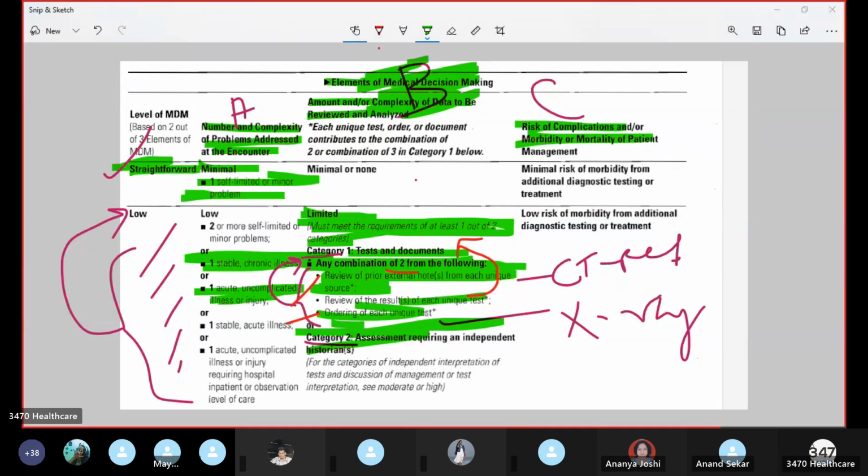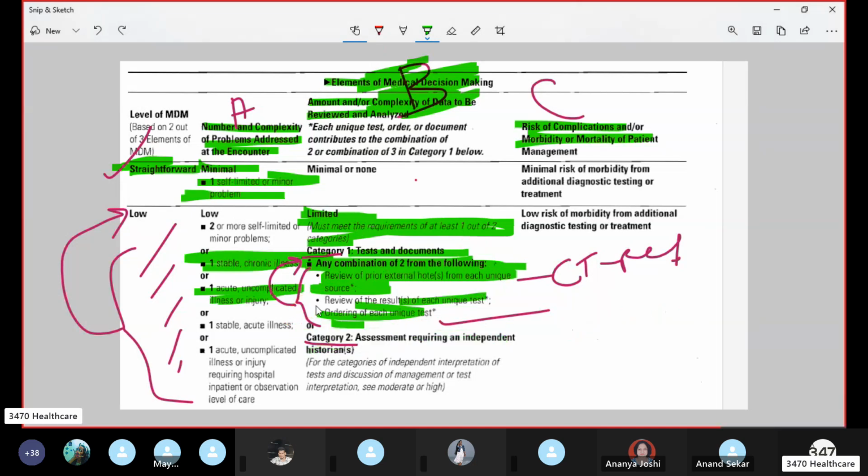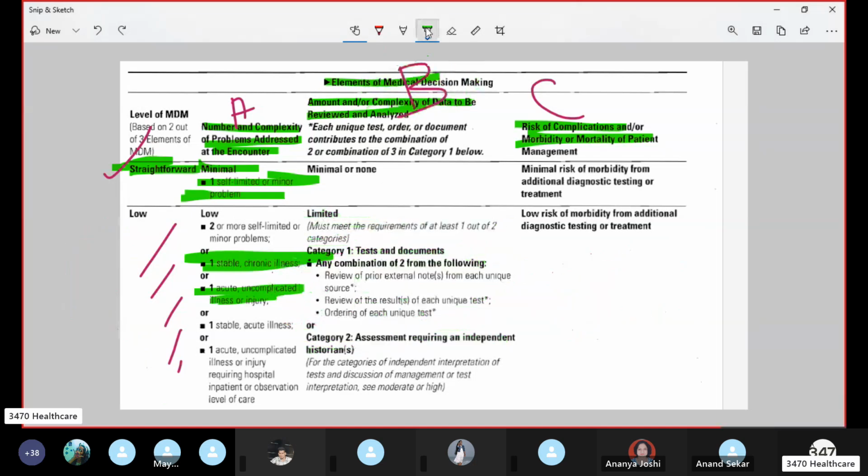Okay. So category 2 warrant, that is the meaning. So category 1 means under it 2 bullets, category 2 is directly 1 point. Okay, so in these two categories, any one met, because it must meet the requirement of at least one out of two categories.